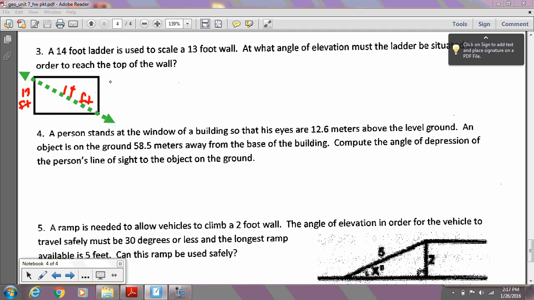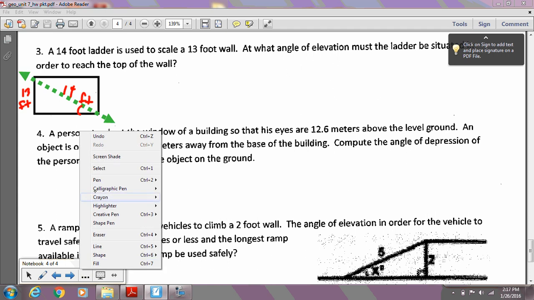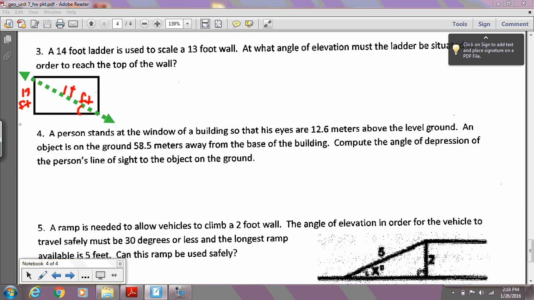What angle of elevation must the ladder be situated at in order to reach the top of the wall? So the angle of elevation is the angle formed by the ground and the ladder. So it's this angle down here in the corner. So from that angle of reference, I have the opposite side and the hypotenuse. So that means I can use sine. So the sine of my angle, which we don't know yet, is equal to opposite, which is 13, over hypotenuse, which is 14.